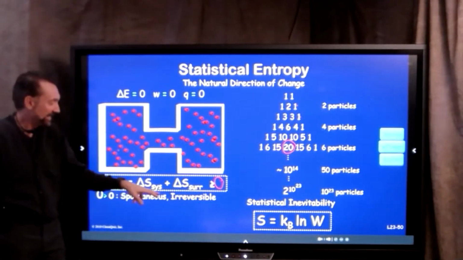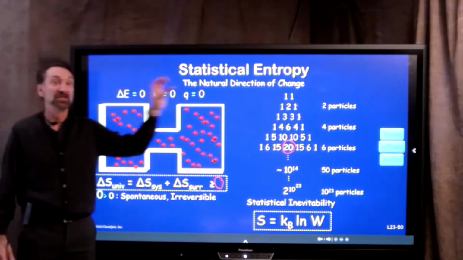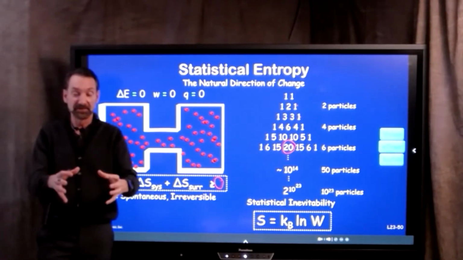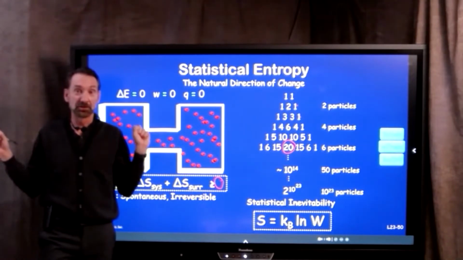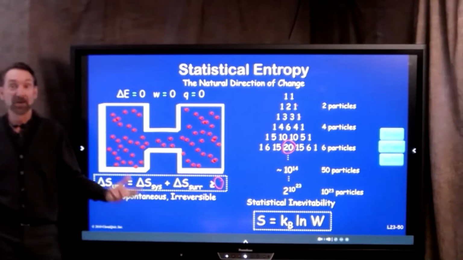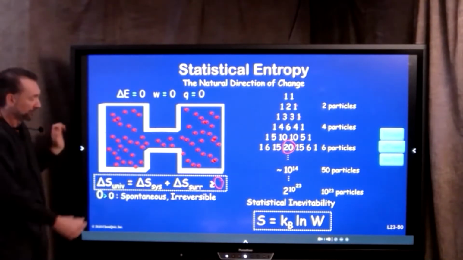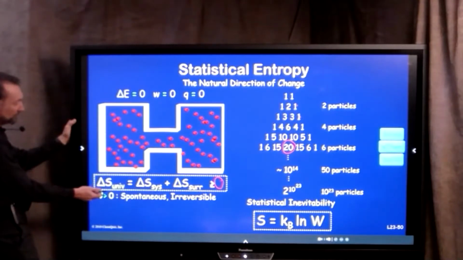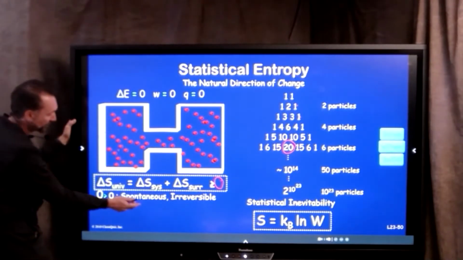It's spontaneous in the fact that that's the natural direction of the universe. If you have a process fixed and you release your constraints, it will spontaneously go in the direction of higher entropy for the universe. So spontaneous processes, entropy of the universe, always greater than 0.